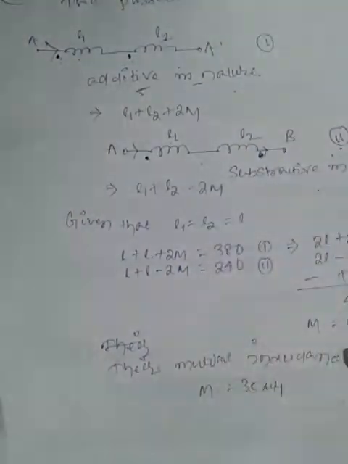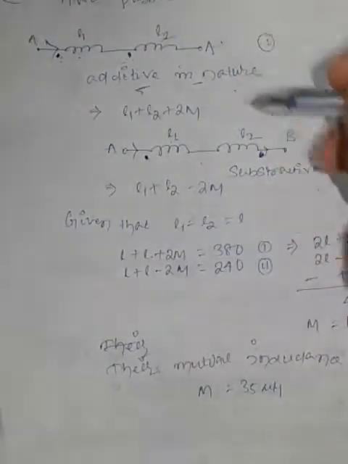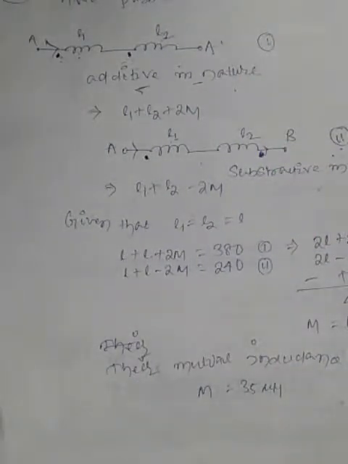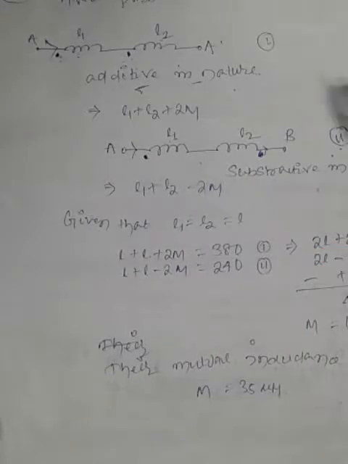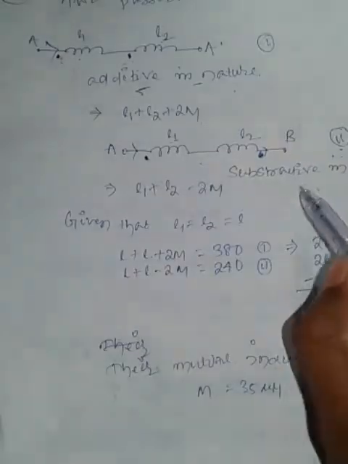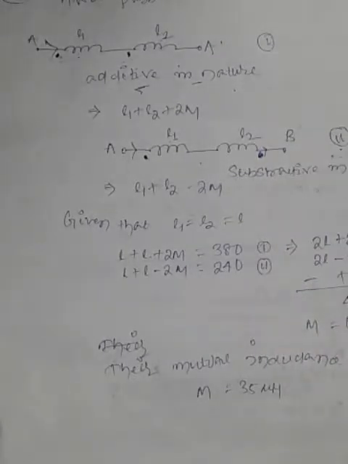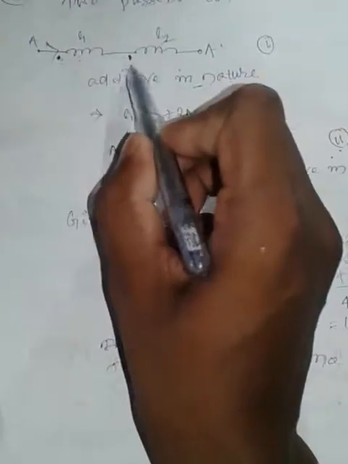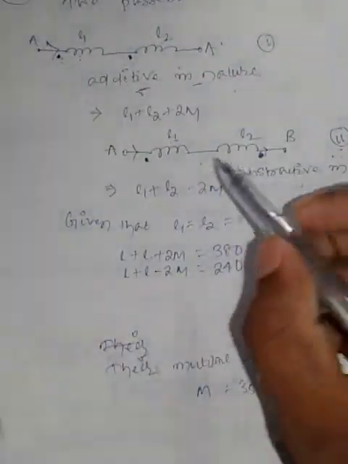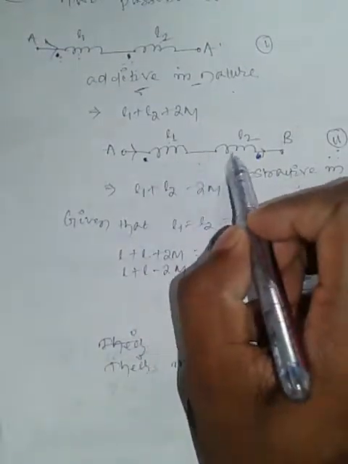So it is called subtractive in nature. Based on this, we divide the series connection of inductors into two types: additive and subtractive, according to the dot convention. Additive means both dots are the same way, and subtractive means the dots are in different ways.